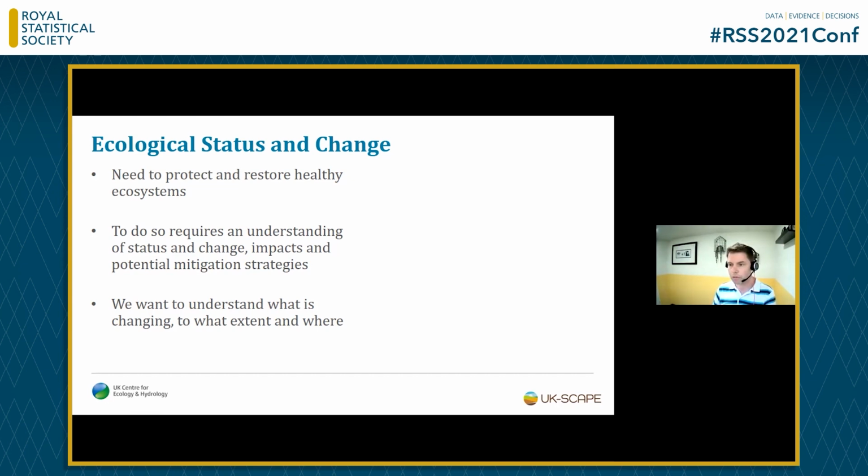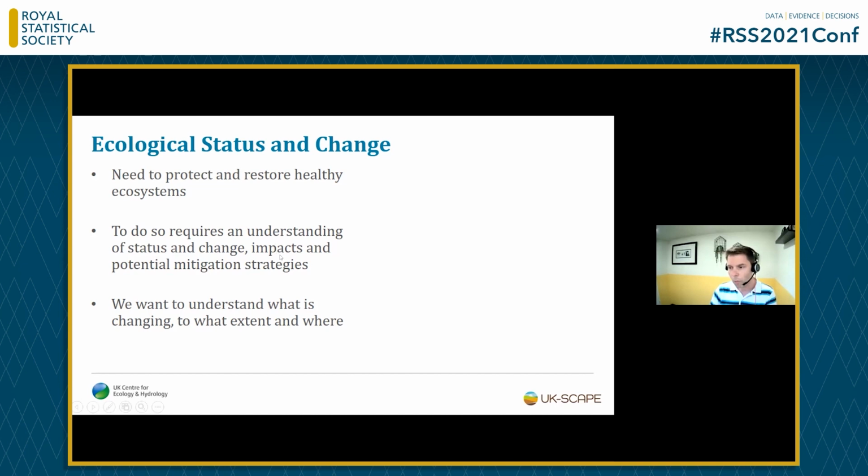But to protect and restore these ecosystems requires an understanding of status and change, and the impacts of certain drivers, to help with potential mitigation strategies that might be needed to protect these ecosystems.